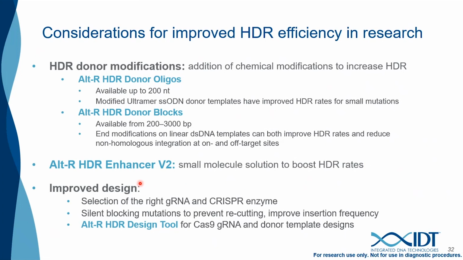And finally, you can really do a lot to improve your HDR rates through improved design, whether it's the selection of the right guide RNA and CRISPR enzyme, as well as HDR designs. So using your silent blocking mutations to prevent recutting and improving your insertion frequency. And so again, our Alt-R HDR Design Tool really helps streamline that process to give you the best potential outcomes.